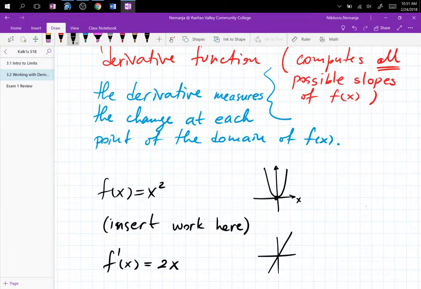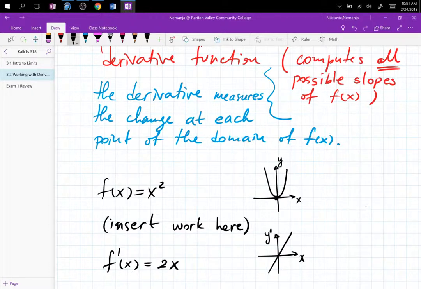On this one I put y, so the top one is the x-y graph. The bottom one is the x-y prime graph, because the line that you have is the derivative graph. It's not the function graph. Well, derivative is a function, but you know what I'm saying.